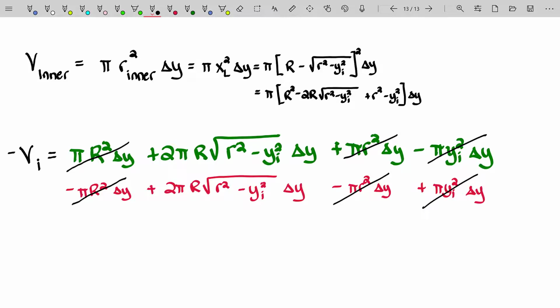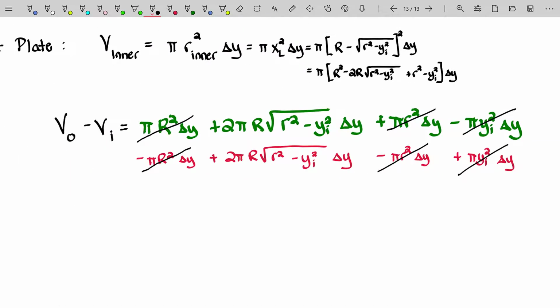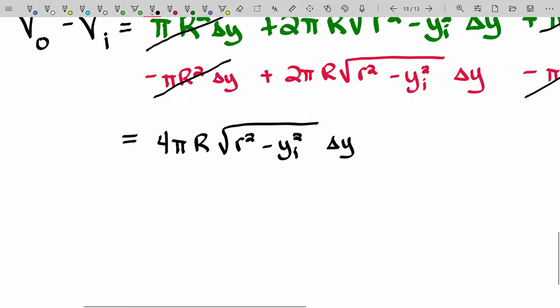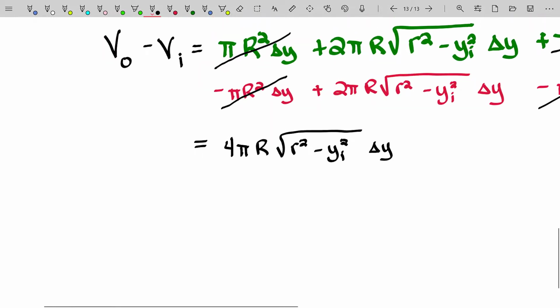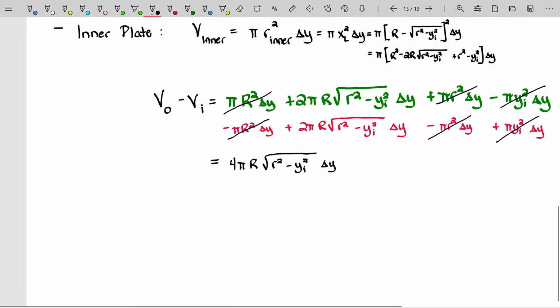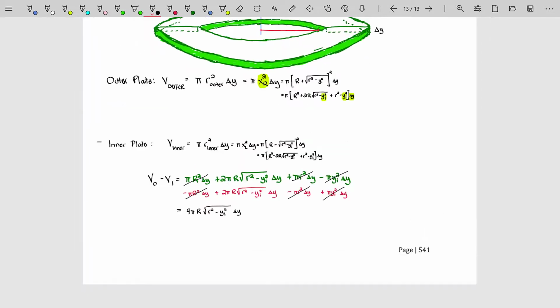So those expressions cancel each other. The only thing that remains after you take the difference in volumes is 4 pi capital R root of little r squared minus little y sub i squared, and then a delta y. It actually compresses down very nicely to just that. That is the volume of the ith washer.